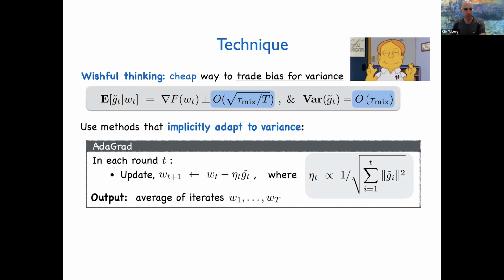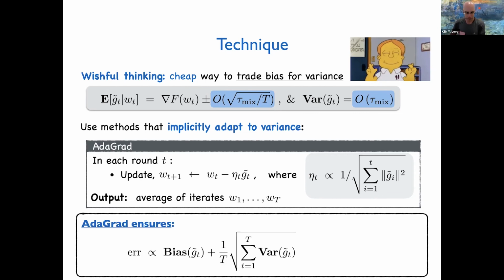The update rule of Adagrad looks the same as the update rule of gradient descent. The only thing is that the learning rate in Adagrad is very special. It's inversely proportional to the sum of squared gradients that we've seen so far. And apparently Adagrad is a method that adapts to the variance of the problem. So this is the guarantee of Adagrad.